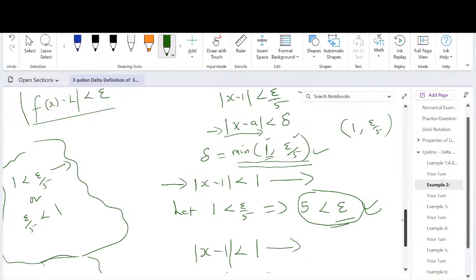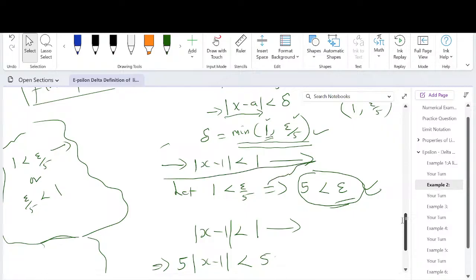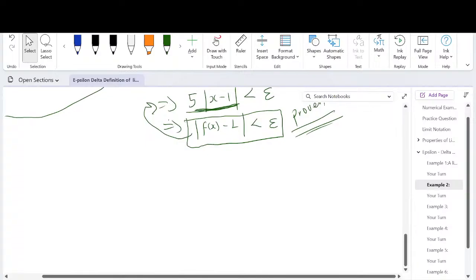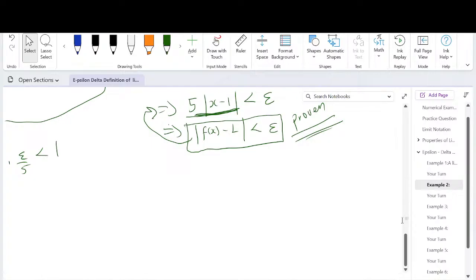And as I told you, if you like, instead of taking from here, I said one is less than this. So if you want, you can say that epsilon over 5 is less than 1.